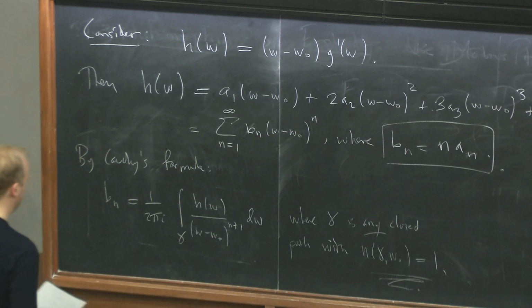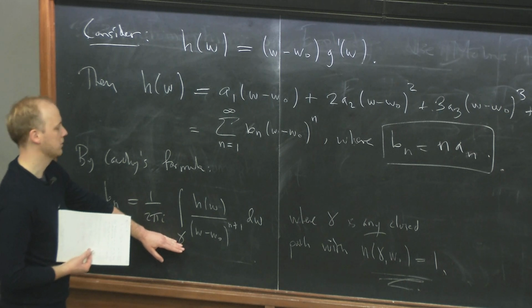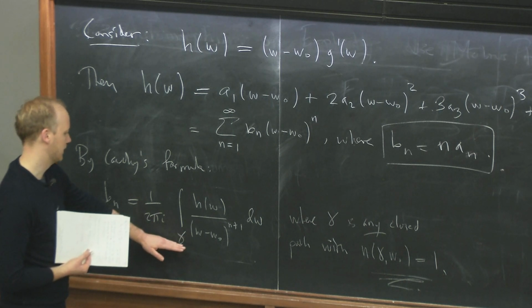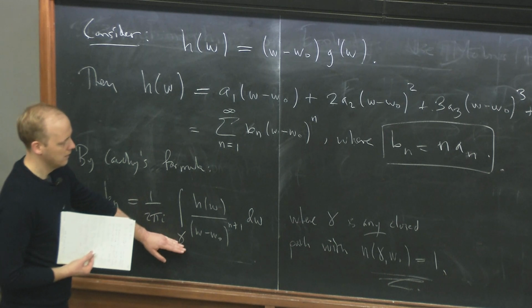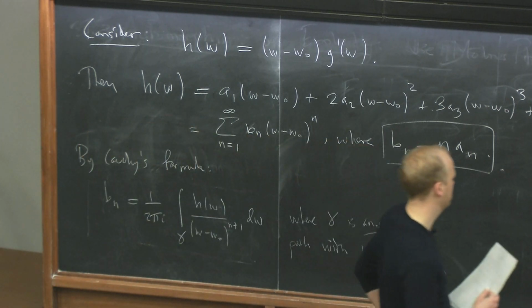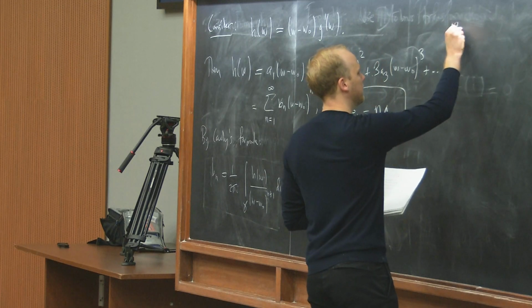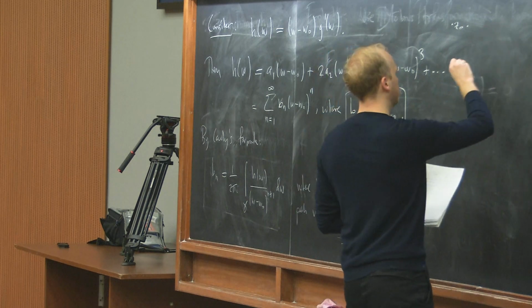Okay, so now I will want to choose this gamma in a nice way. So typically you would choose something like a circle or something. But now this is in the image plane. So this is around W0. Okay, so I have my Z0 here in the Z plane.